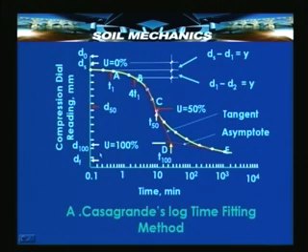So, the method here is, since this is a parabola, if I take 2 points A and B with abscissae equal to T1 and 4 T1 respectively, then since this is a parabola, from the starting point to this point, whatever variation in the dial gauge reading is there, that is whatever variation is there in the y coordinate, must also be equal to the variation in the y coordinate between this point and this point.